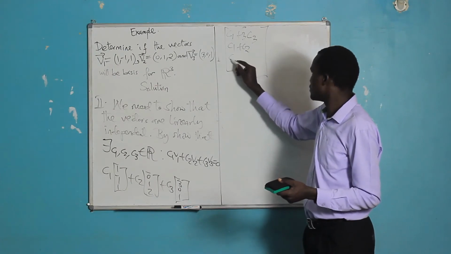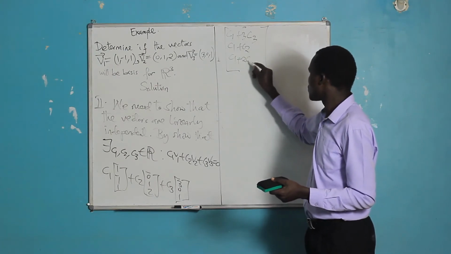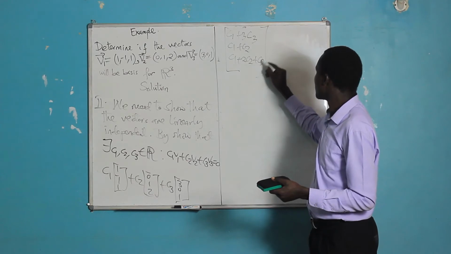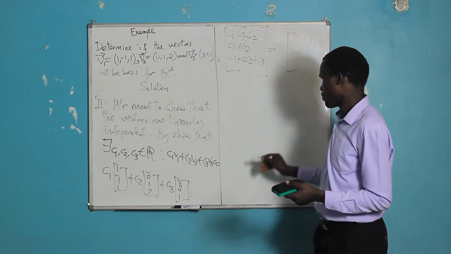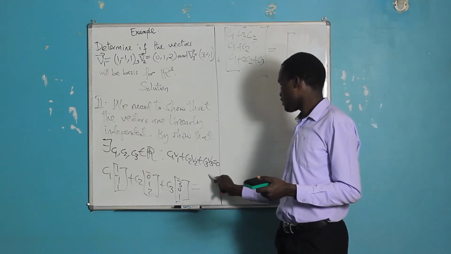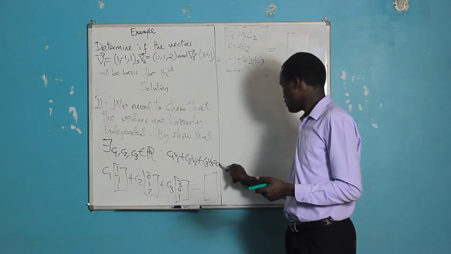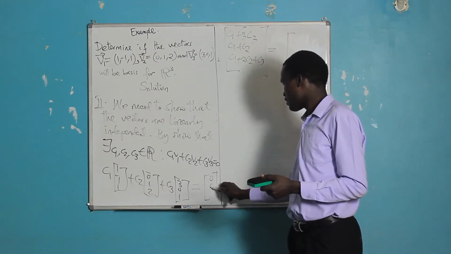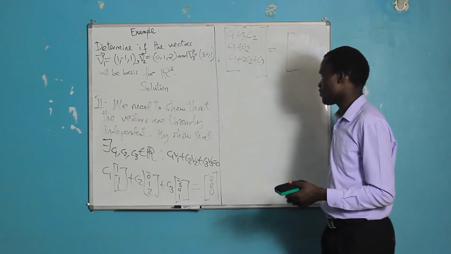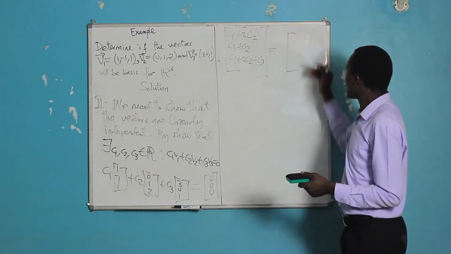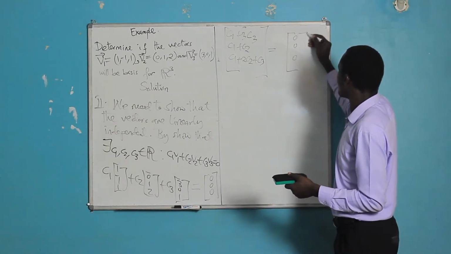And the third row, C1 plus 2C2 plus C3 equal to... remember, my dear students, that the 0 we put here is a zero vector of 3 entries because the other vectors have 3 entries. Now here is 0, 0, 0.